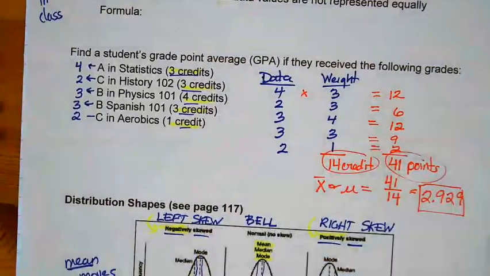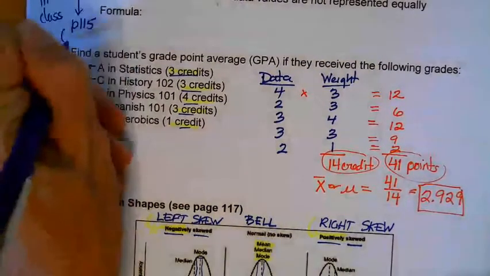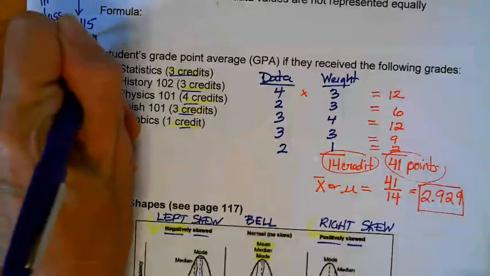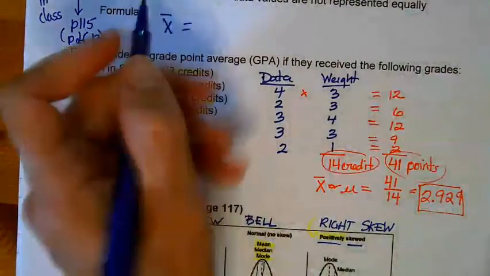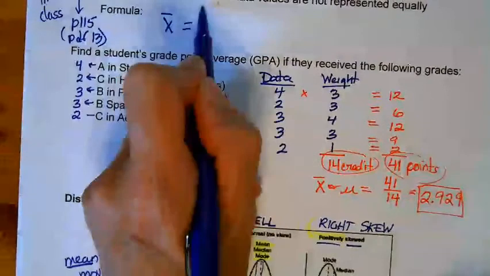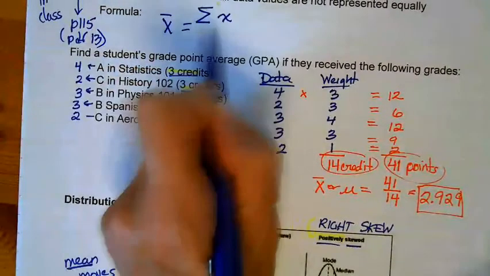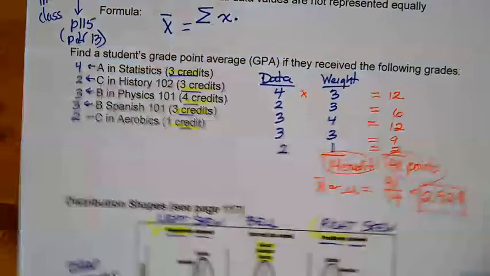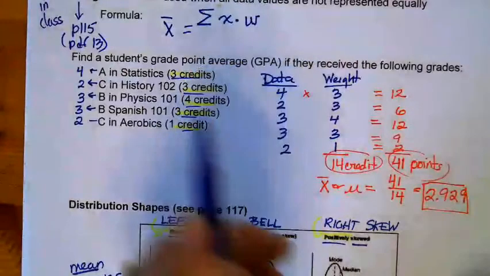So you will see us look for and do a weighted mean or two. I'm going to just mention there is a formula in your book, on page 115, and the PDF page for that is 13. And the formula looks like this. For x bar, what you would do for a weighted mean is you would sum up all your x's, all our data values, times, instead of their frequency, their weight. So they just use w for weight.